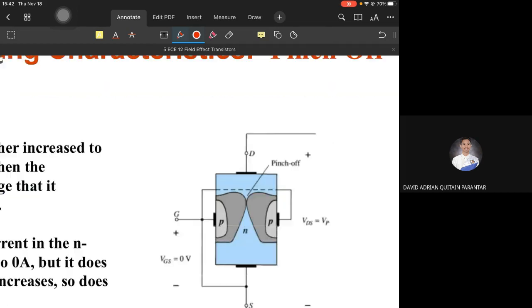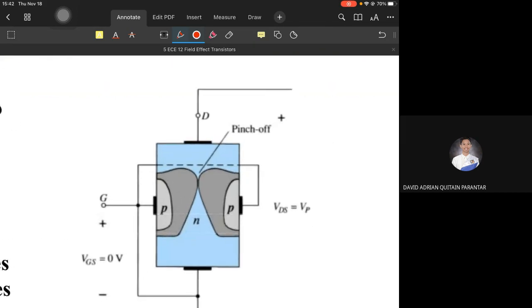Remember, if we apply voltage to the gate terminal, the depletion region, this one in gray, increases to a point that they somehow touch. That's why it's called pinch off. Like if we pinch our two fingers together, thumb and forefinger.